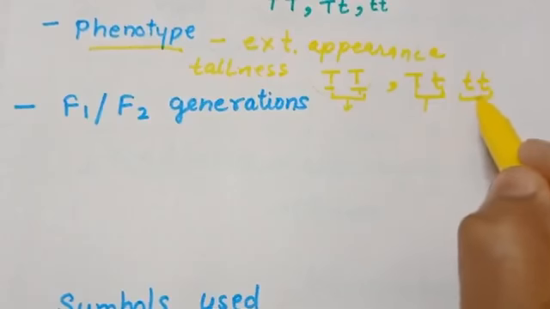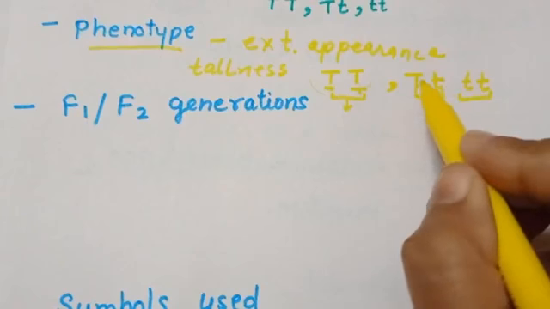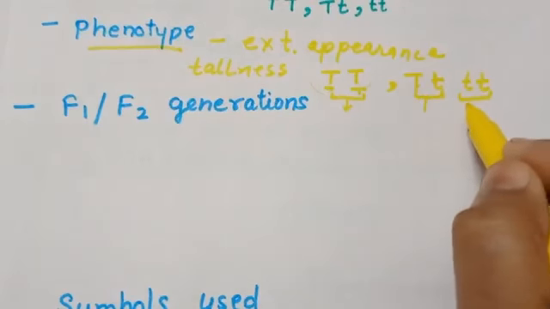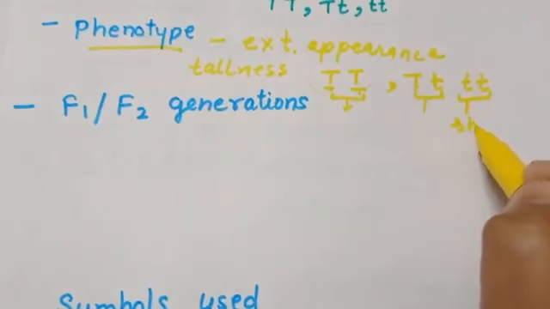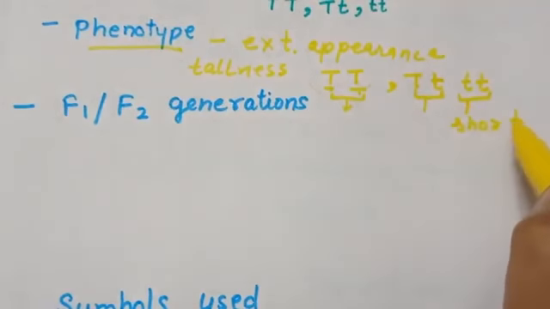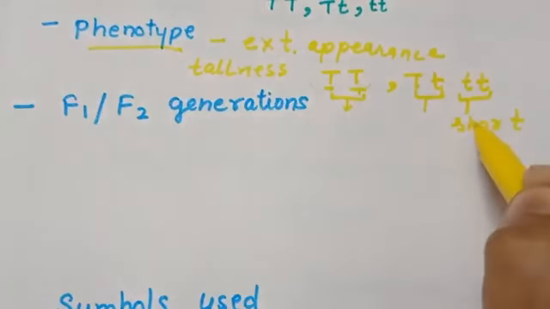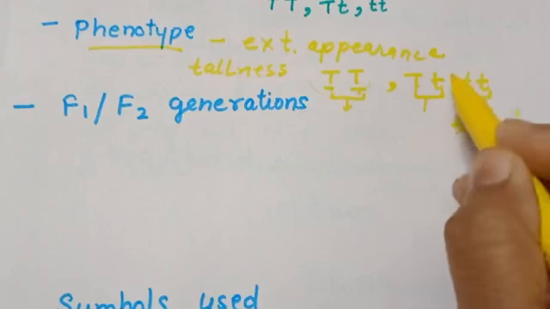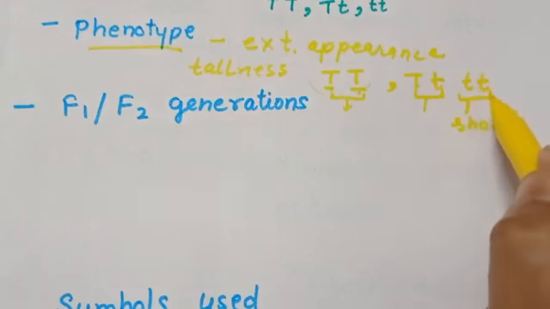So this will come into play as no dominant gene is there. So the plant will be short. The shortness of the plant, the dwarfness of the plant, will be a phenotype, and this will be the genotype for the same.